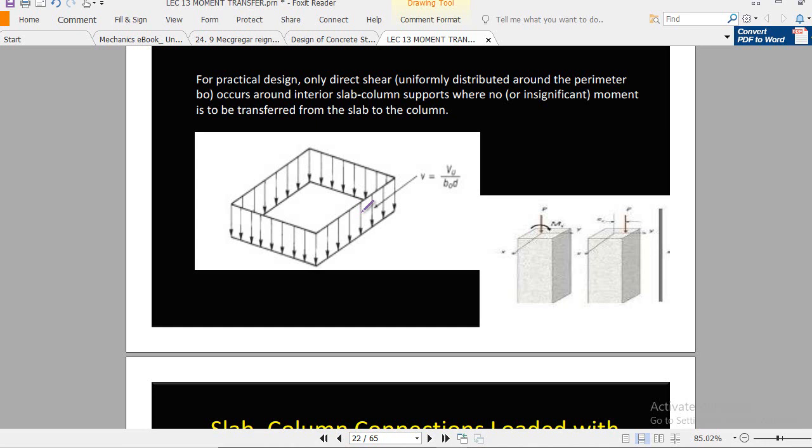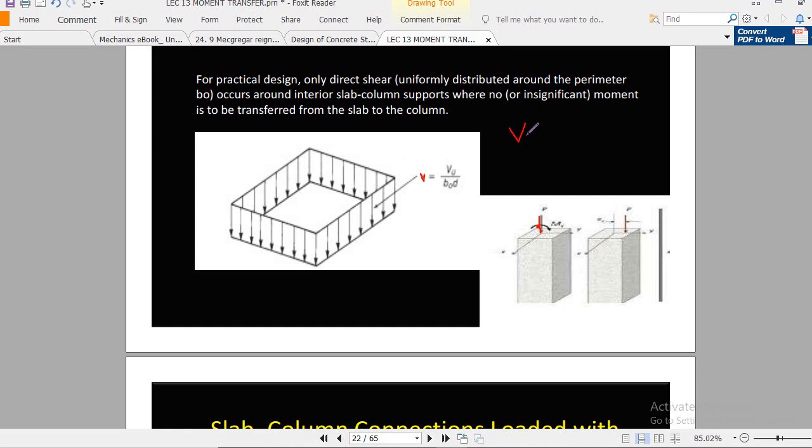But if it is an unbraced structure, you don't provide shear walls, then basically there will be some significant amount of moment. So you see this force, and this force is basically acting over this section of the column, and we assume the uniform distribution of the shear stress along the shear perimeter. Remember, uniform, and that uniform shear stress will be defined by VU.